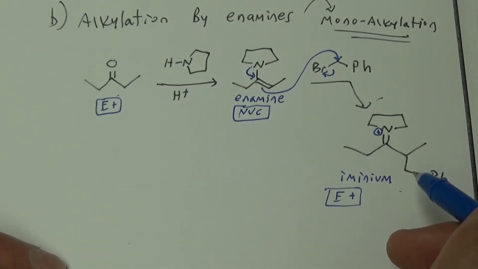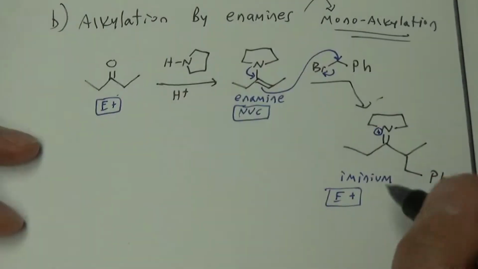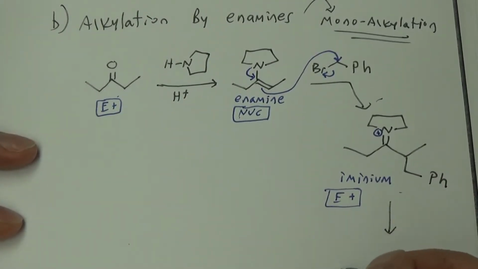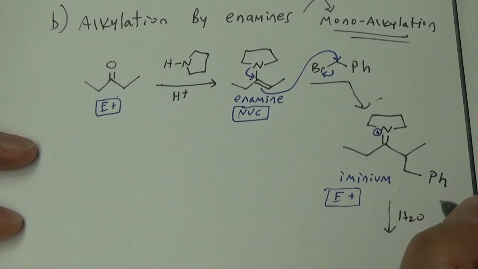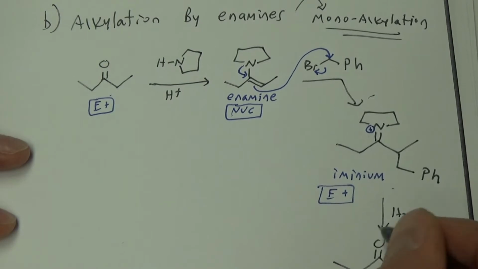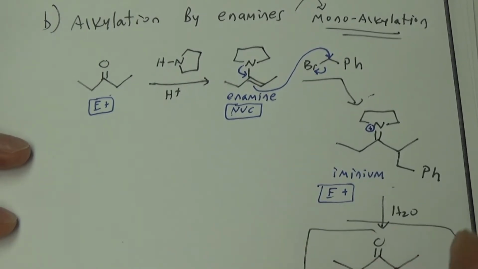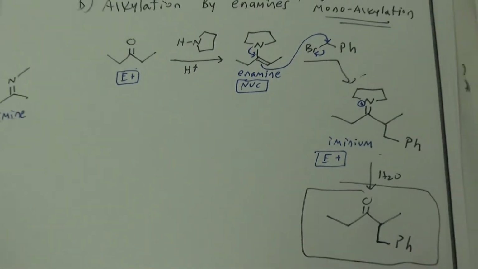I'll show the mechanism of how we finish off the reaction. But basically water just cleaves off the nitrogen and you get our nice monoalkyl product. See what we got? We have a clean product.